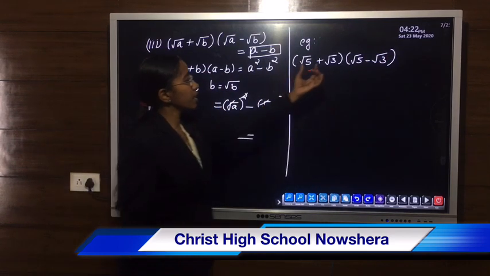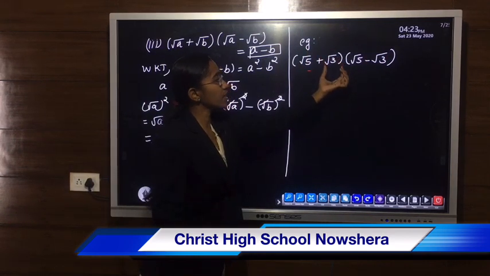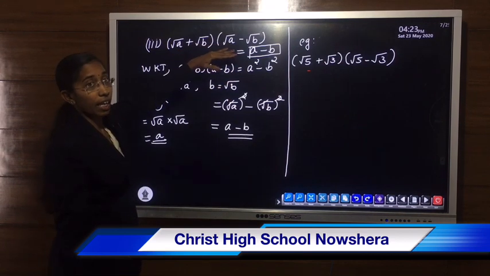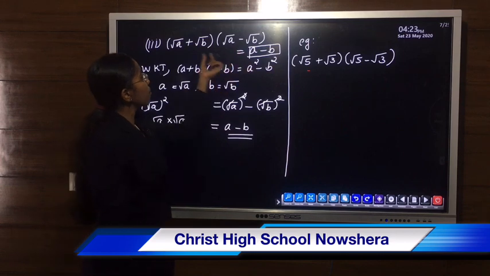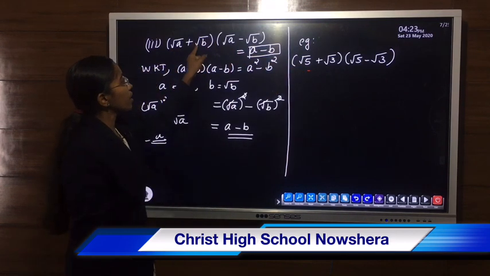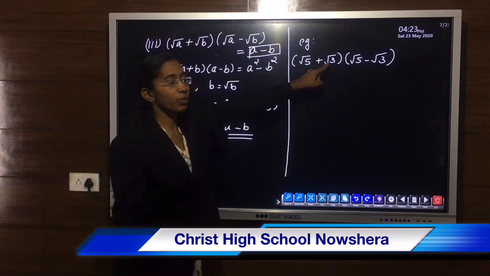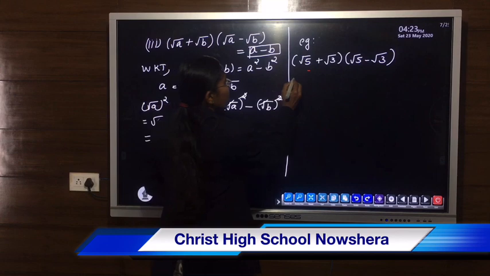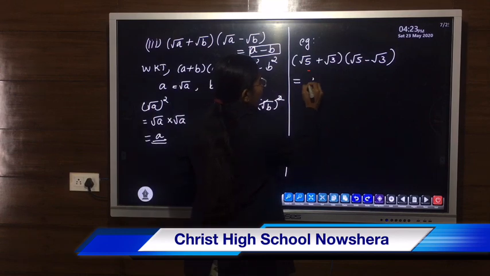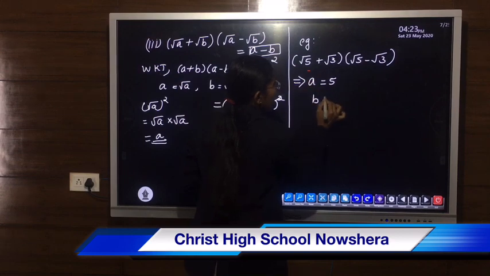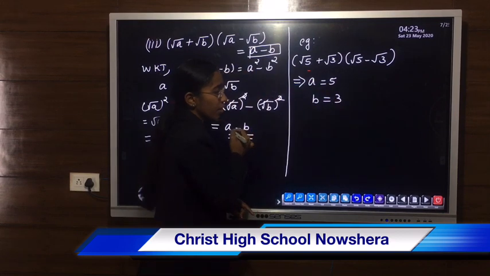So this expression or this question is in the form of root a plus root b into root a minus root b. Here at the place of root a, what is here? Root 5. And here at the place of root b, what is here? Root 3. What is the answer? a minus b. So here a is equal to 5 and b is equal to 3.